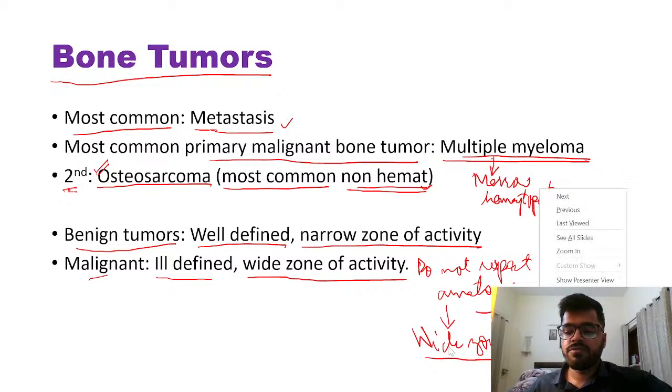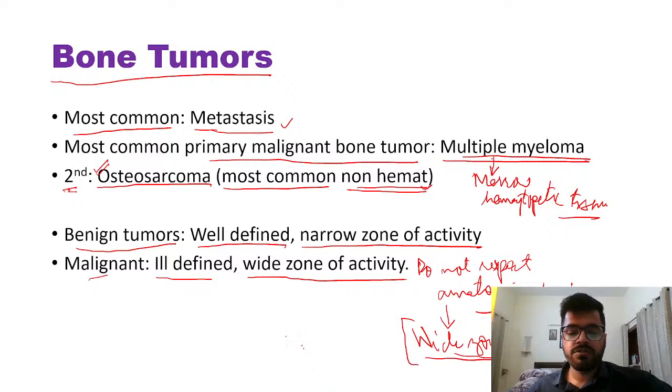So this is different from the wide zone of activity. The wide zone of transition means that we are not easily able to differentiate between the normal and the abnormal tissue.